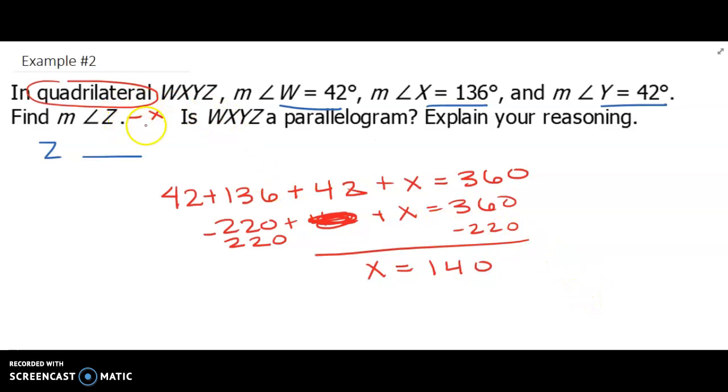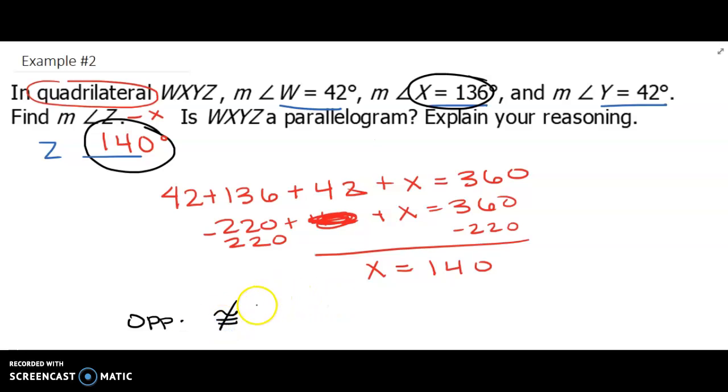So angle Z is 140 degrees. Is this a parallelogram? Well, the answer is no, because Z and X are opposite angles, and my opposite angles are not congruent.